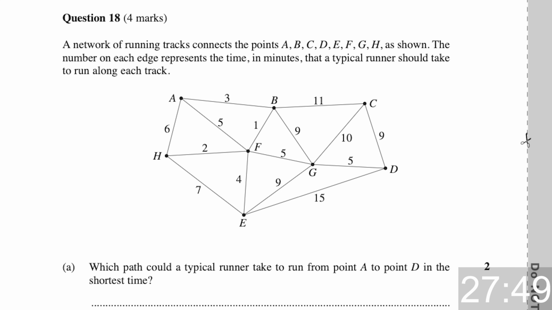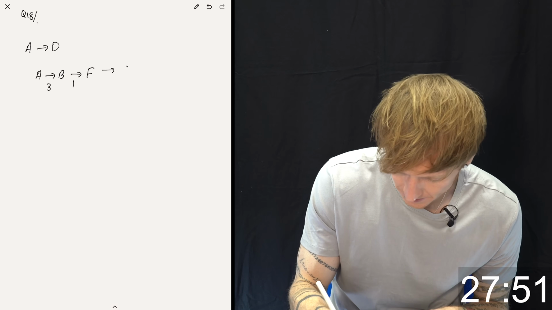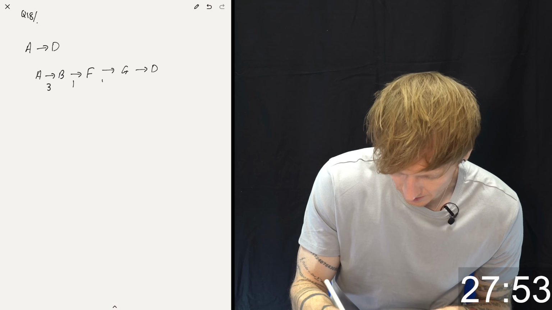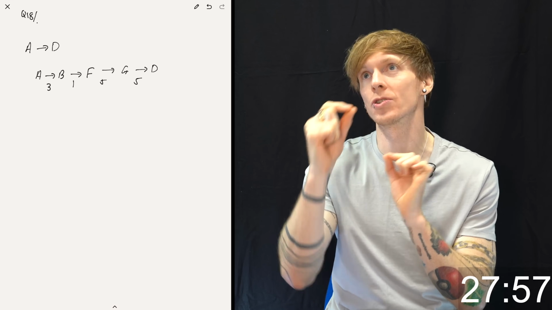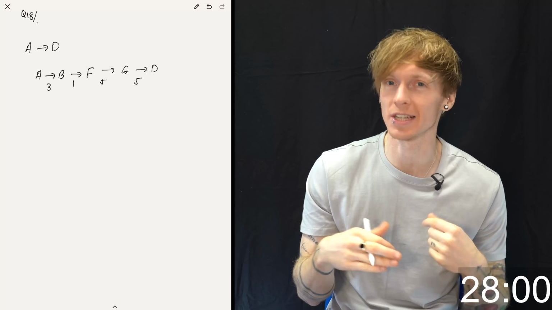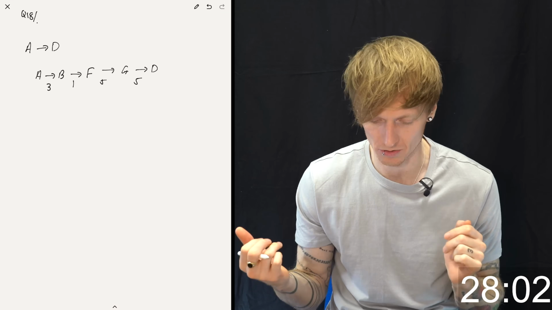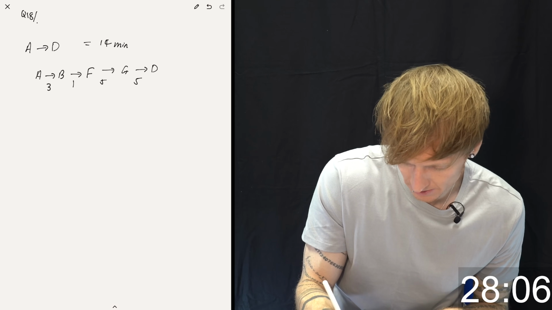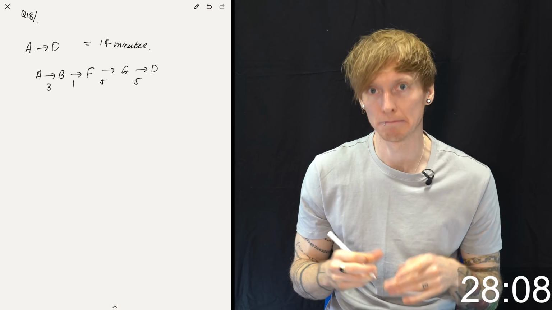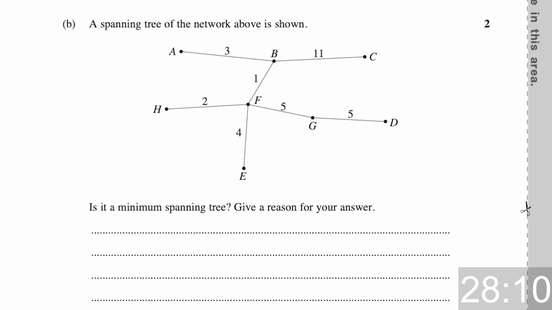So I think I want to go B, F, G, D. So there's a little bit of trial and error in there, but I was generally trying to pick the shortest route at the point I'm at, as long as it's not taking me away from the end goal. So I think that's going to be 14 minutes, is my guess.